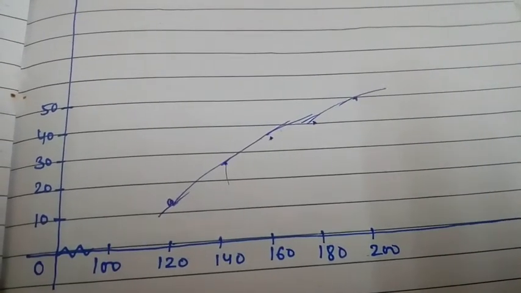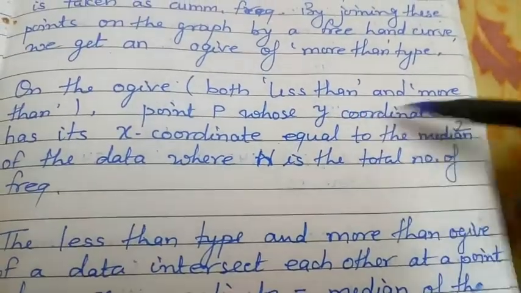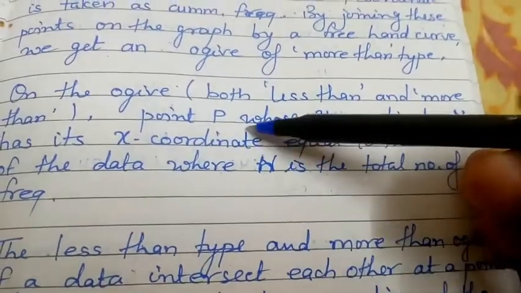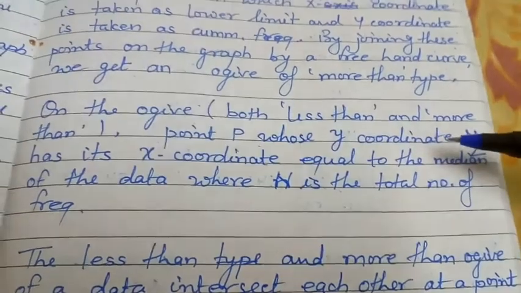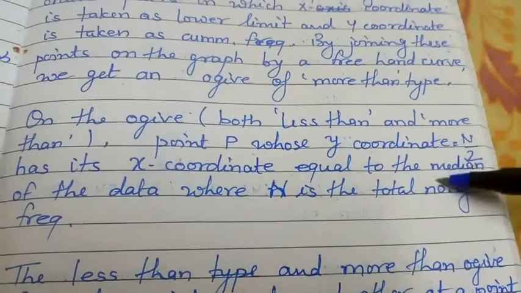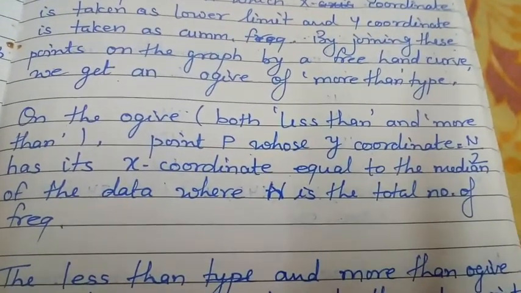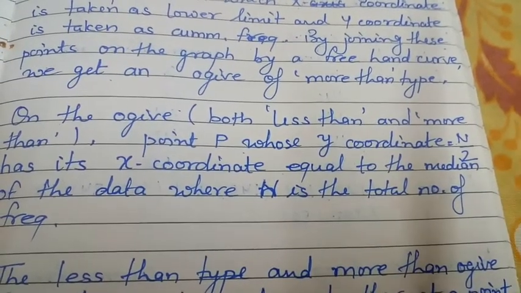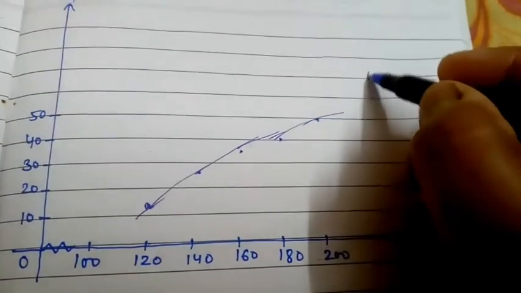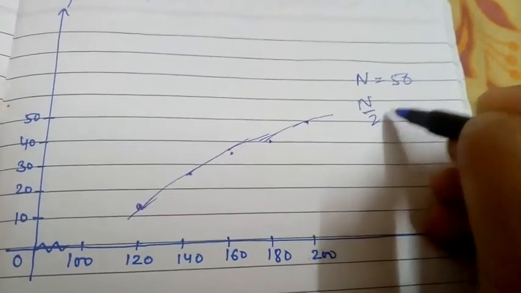To find the median, on the ogive, both less than and more than type, the point P where the y coordinate is n by 2 has an x coordinate equal to the median of the data, where n is the total number of frequencies. Here n equals 50 and n by 2 equals 25.